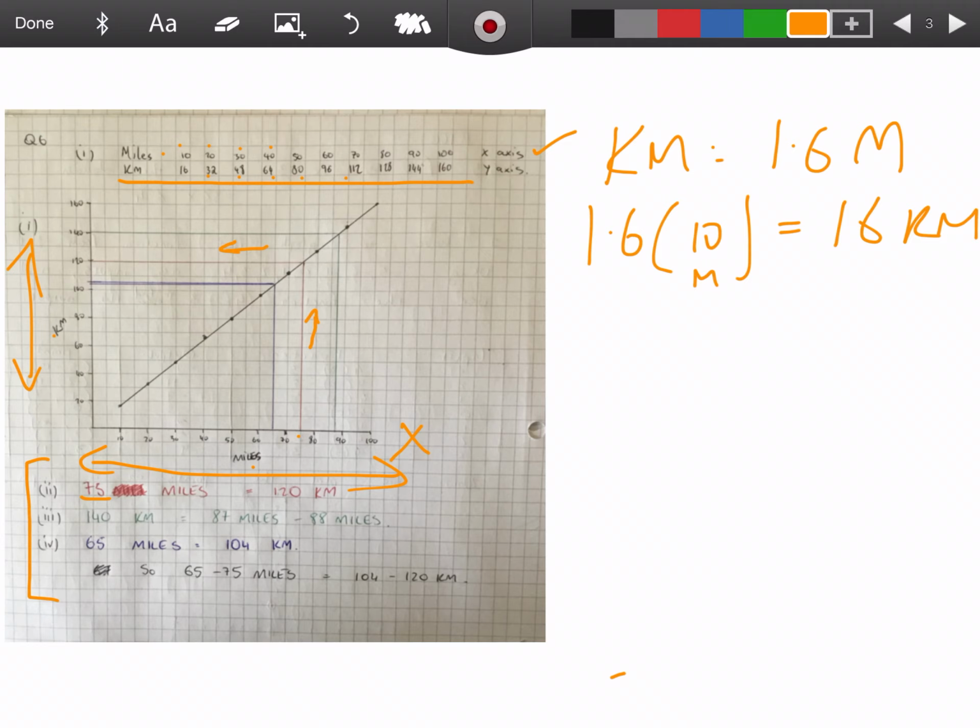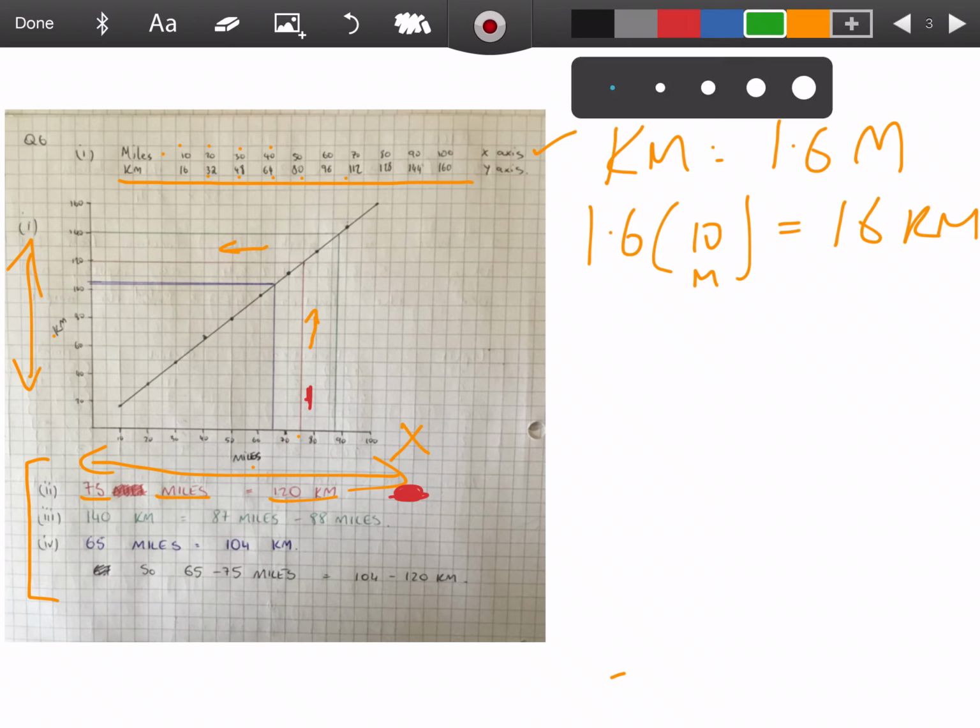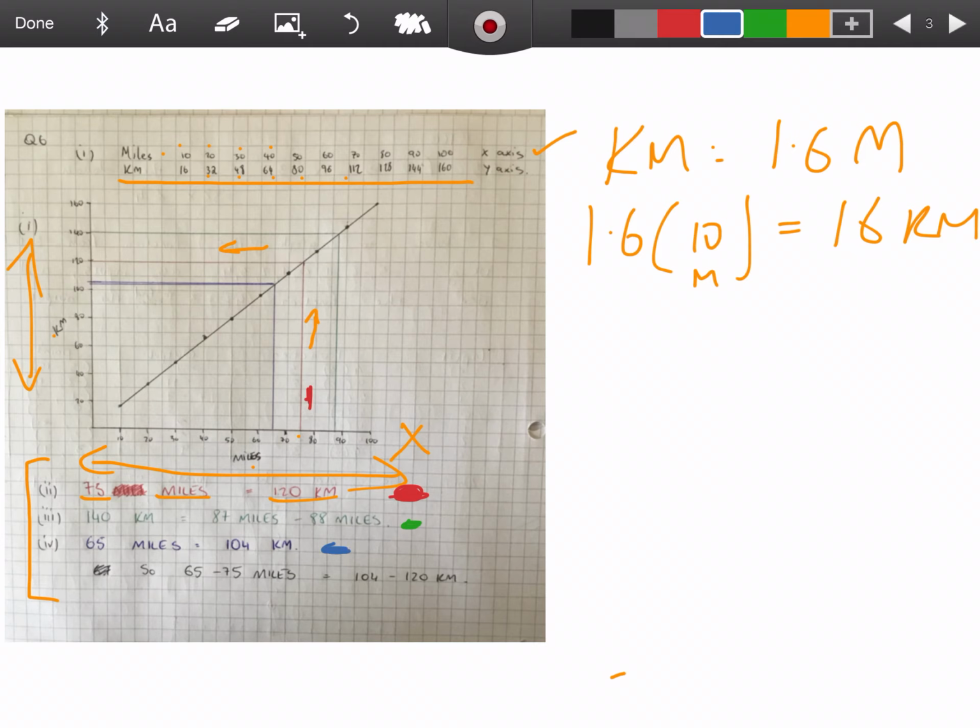And you can see 75 miles is 120 kilometers. I've also done it in red here and red on the graph, so it makes more sense for you, hopefully. The same there, you can see I've got it in green and I've got that one in blue. Okay, so that's all there was to it.